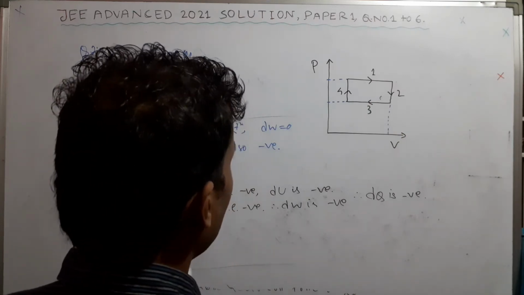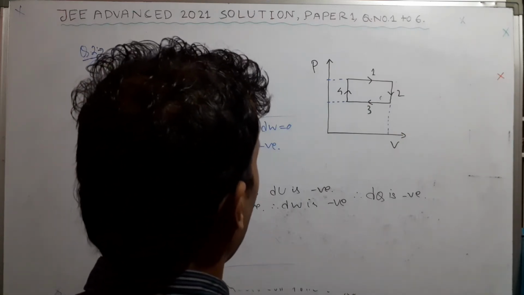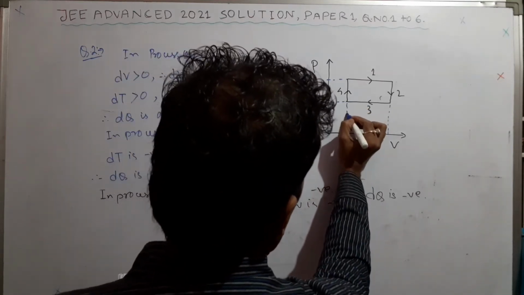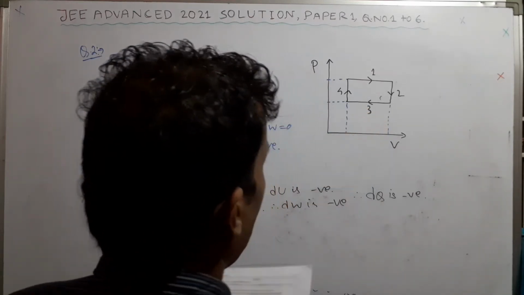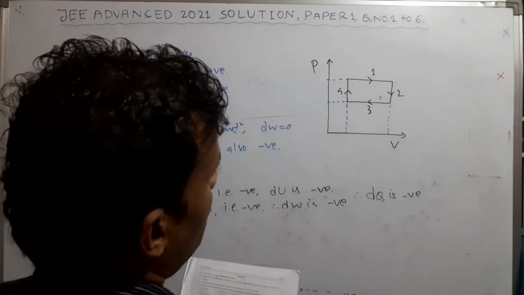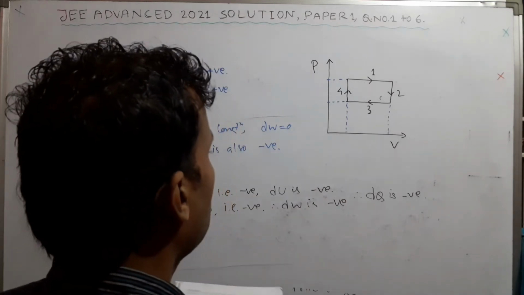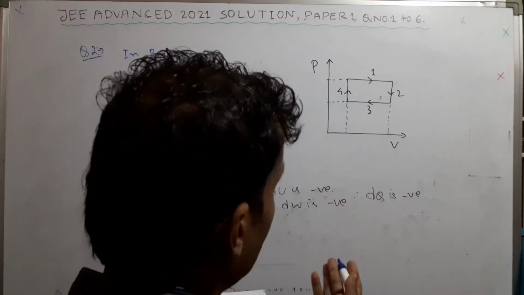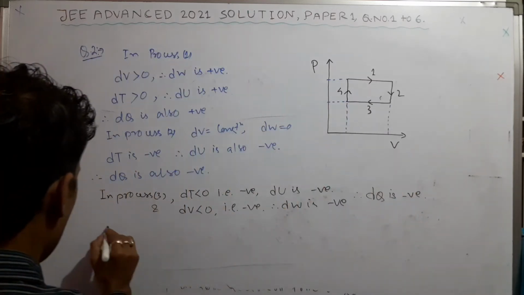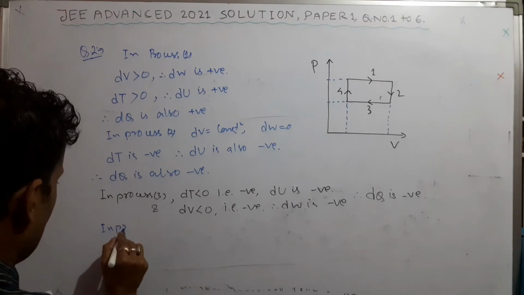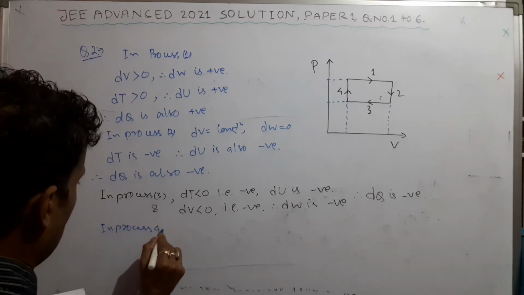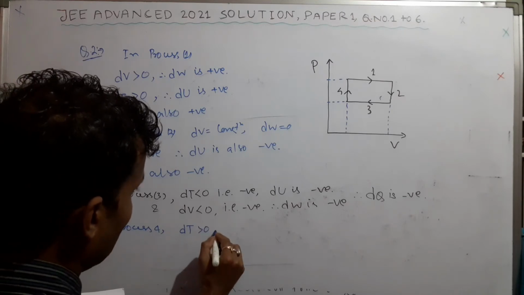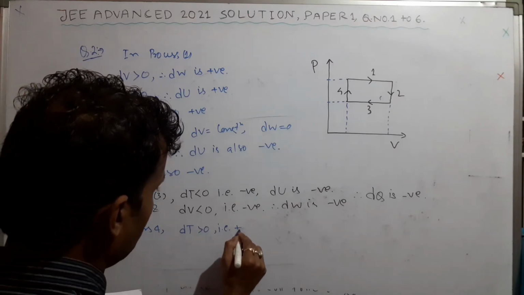Now lastly in the process 4, you see it's an isochoric process where the volume is constant and pressure is increasing. So here also in process 4, the change in temperature is greater than 0, that is positive.